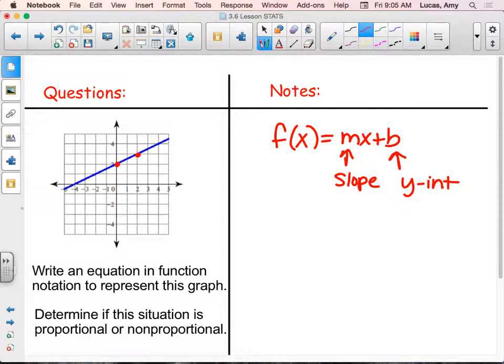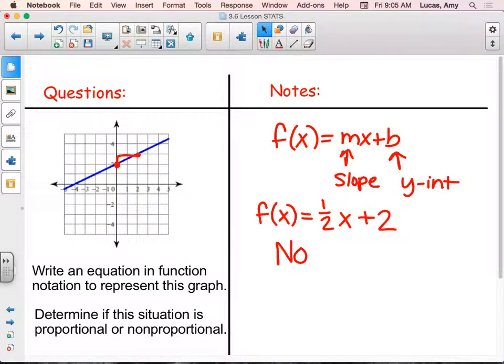My slope looks like I'm going up 1 over 2. So f of x equals 1/2 x, because I had to rise 1 and then run 2 to the right. And then my intercept is right here at positive 2, so 1/2 x plus 2. Is this proportional? No, it does not go through the origin, so it's not proportional.